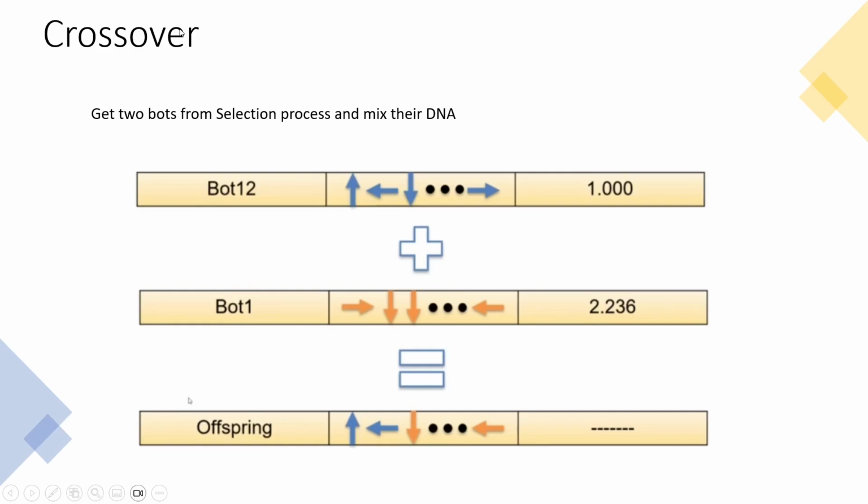The crossover is creating another bot by somehow combining the DNA of these two bots. We will be seeing how crossover works, and how we can combine these DNAs. But for now, as terminology, just know that it's a matter of combining these two bots' DNAs together.